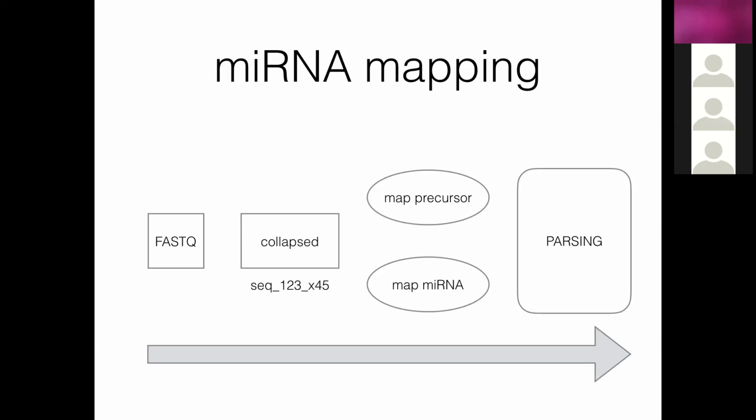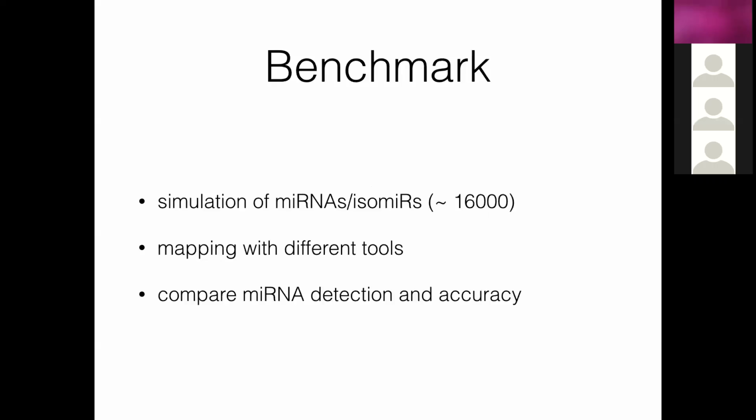And then there is a parsing step. Everybody is doing something different and calling these things in different ways, selecting whatever naming they are using. So what I did, because I think I never saw it in a paper, even any of mine related to microRNA, was to simulate sequences of these microRNA isomiRs.